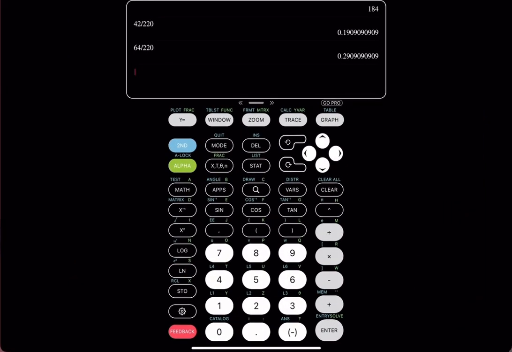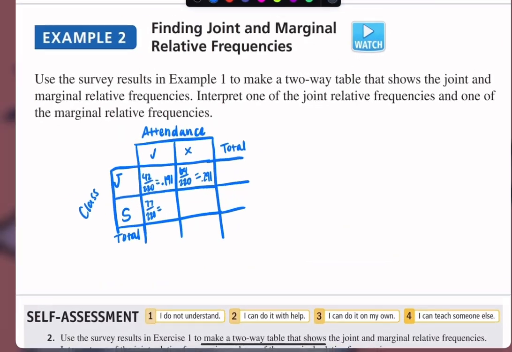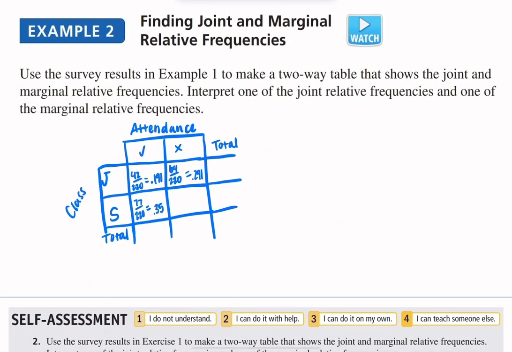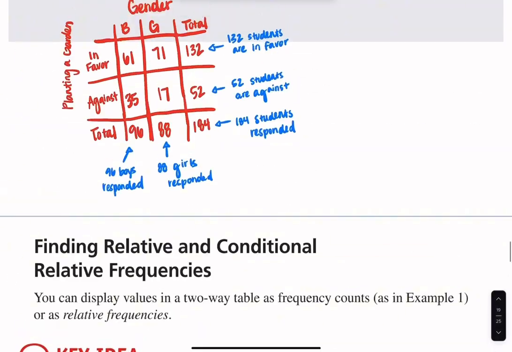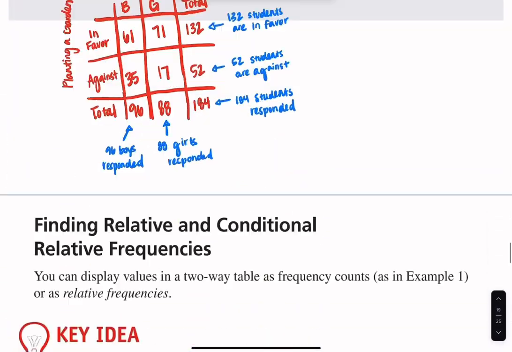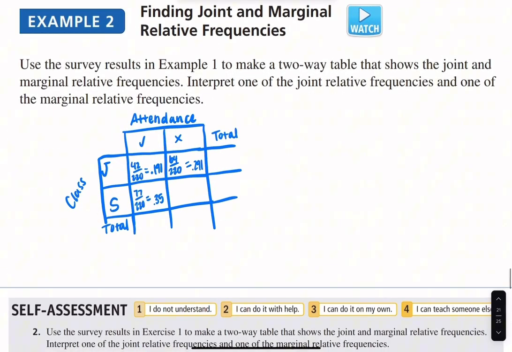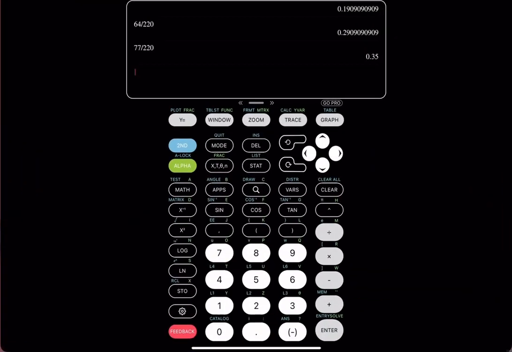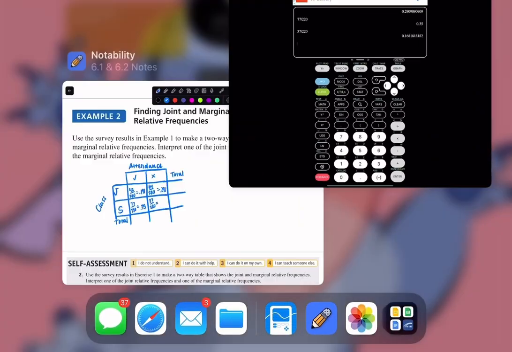So that decimal is 0.35. And then for seniors not attending, that was 37 out of 220, which is about 0.168.